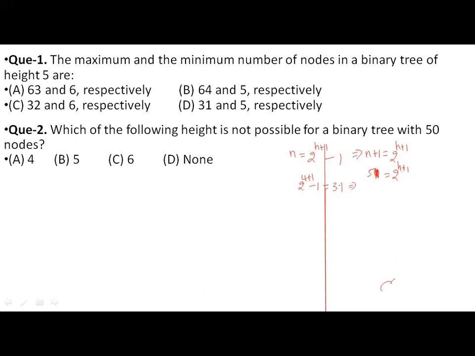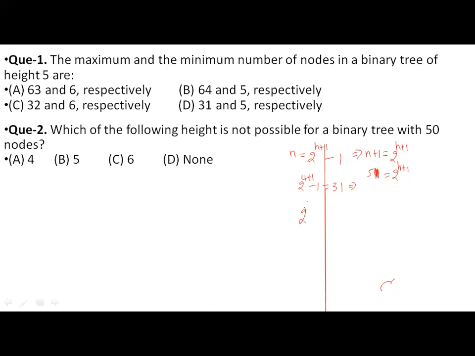If you draw a binary tree of height 4, the maximum number of nodes you can include is 31 nodes. Beyond this 31, if you want to have a tree, then definitely the height of the tree is more than 4. Then we'll work out the next height. 5 is given, no?